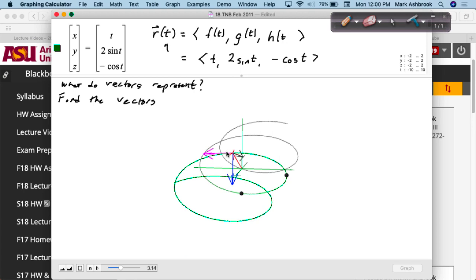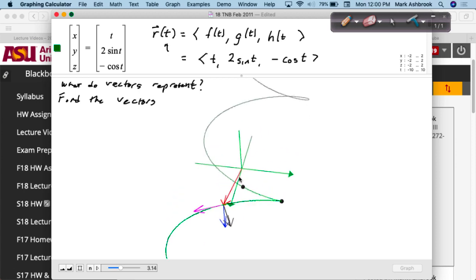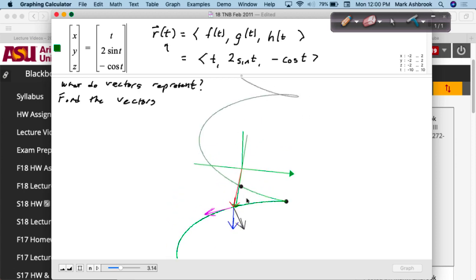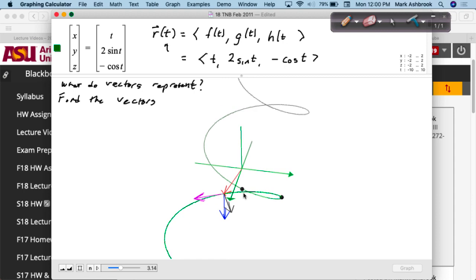Down, right? You see this, the other one? So when you're at the top, you're actually turning down. So the blue one is the unit normal, and then the black one is the binormal. Okay, so let's find the actual vector. How do we find the red vector? The actual vector at this point, what would we do?